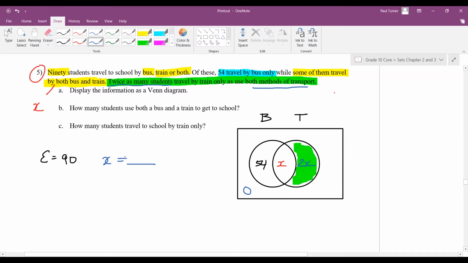So make an equation and find X. And let me know what you get. If you don't know how to do it, you have to wait. I'll wait for an answer for X.